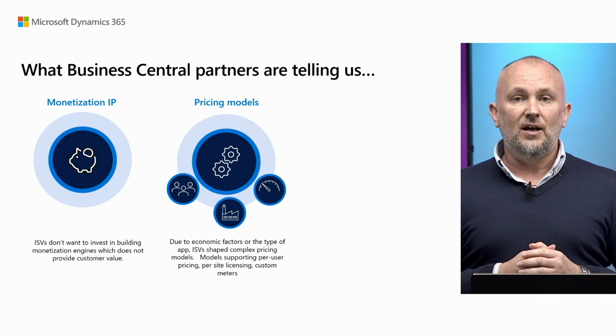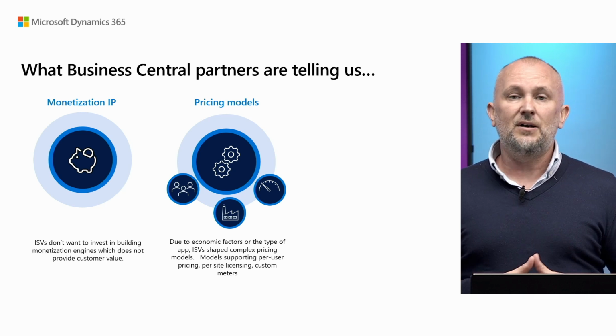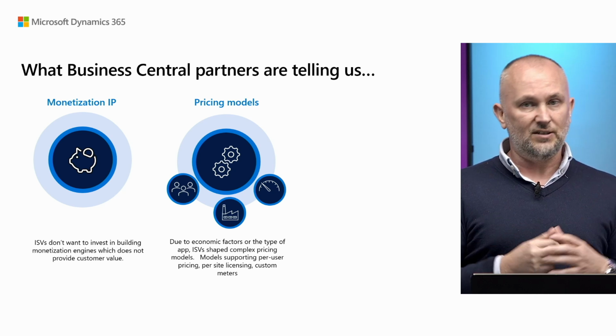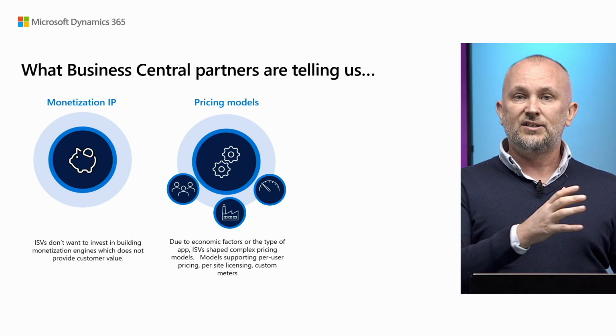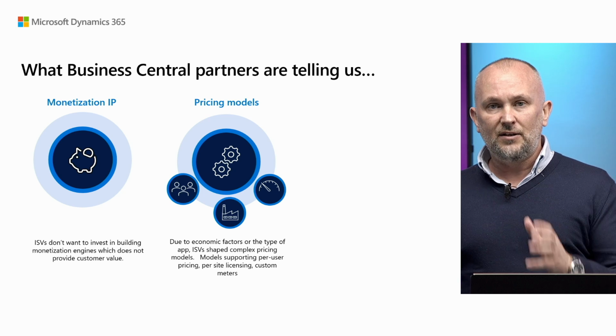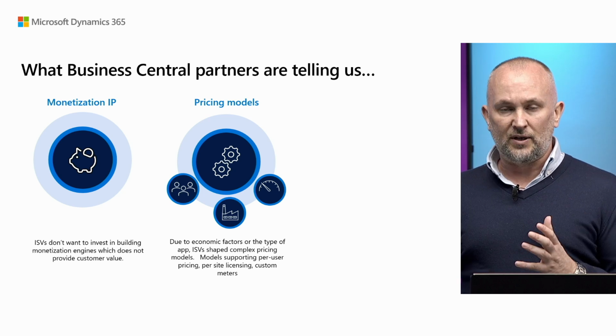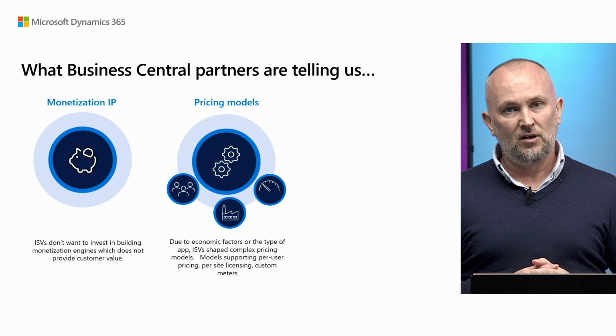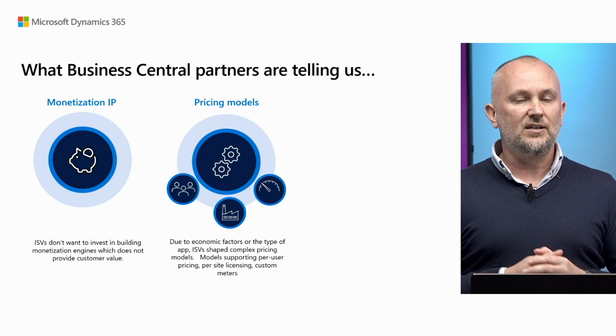Then there's another category of partners combining these things, for example, a silver, gold, diamond offering in combination with custom metering, such as documents processed. So it's pretty complex, what we will have to support to ensure that all ISVs out there can use our licensing and monetization platform.